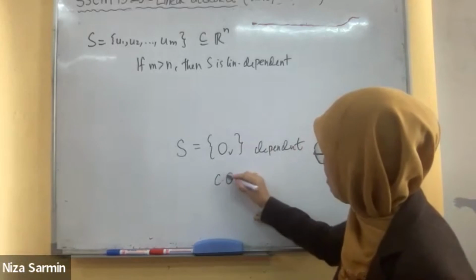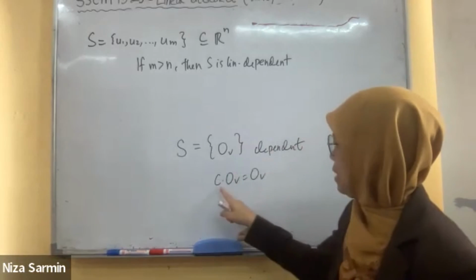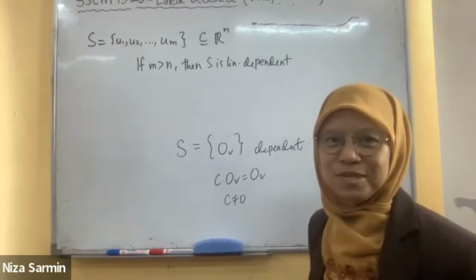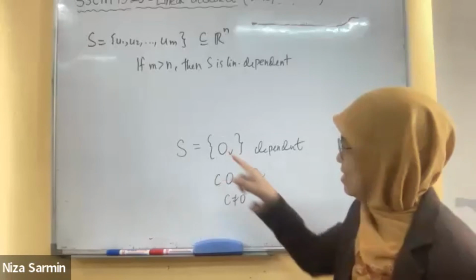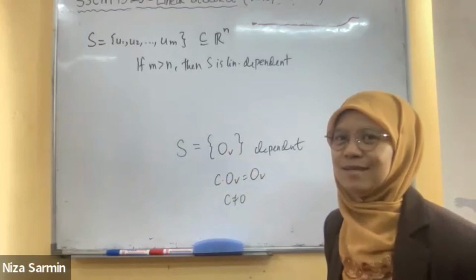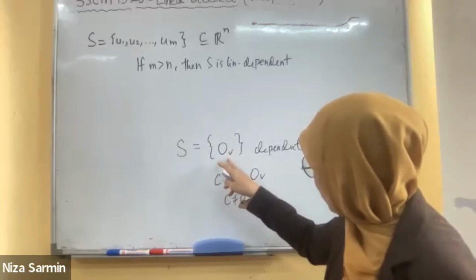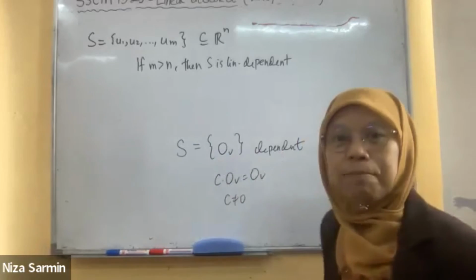Why? Because you multiply by c, c doesn't need to be 0, right? Because it's already a zero vector inside. So just put in the definition if you're not sure. If you have a zero vector here, it's always dependent.